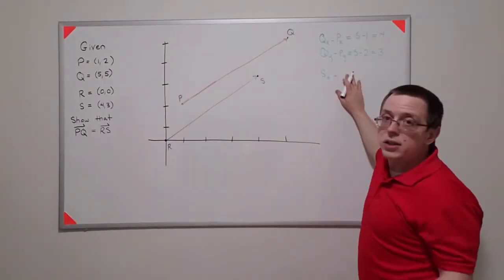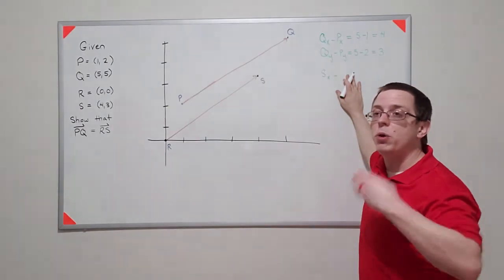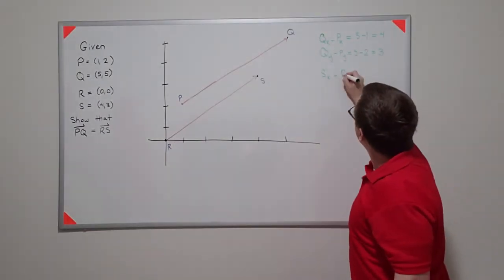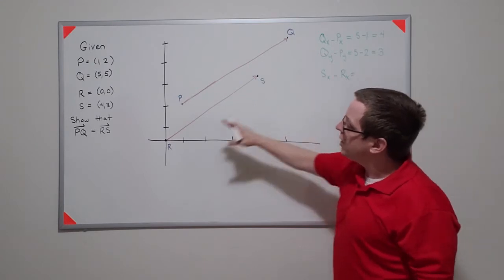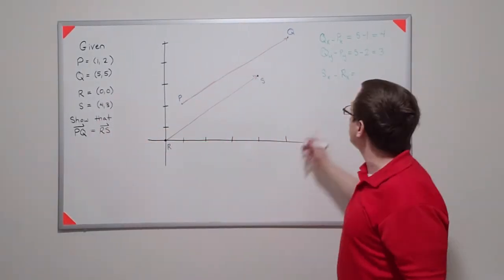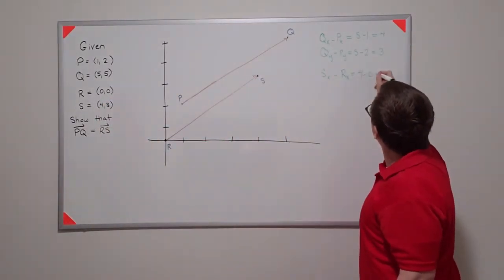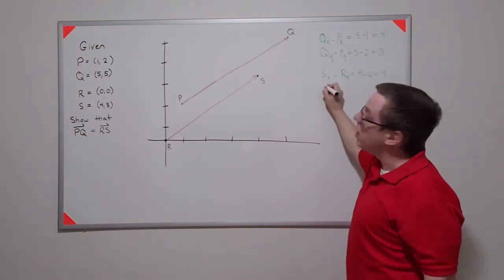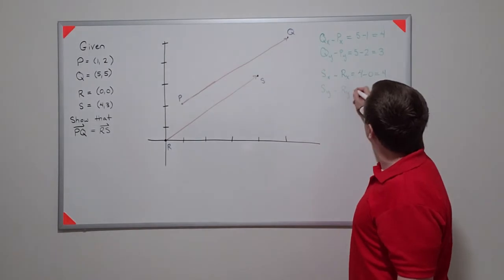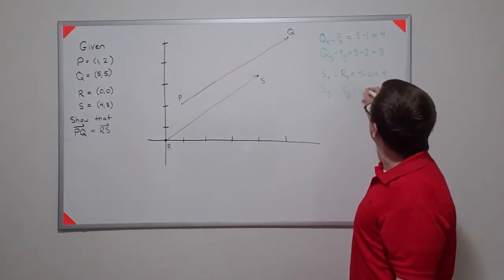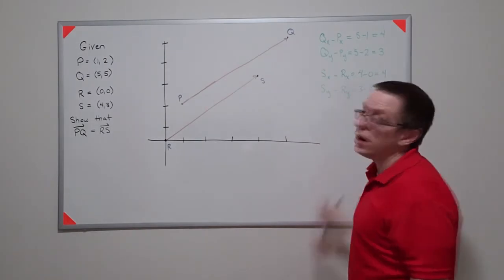So if I do S, the X component of S minus the X component of R, well, that's 4 minus 0. And if I do the Y component, I get 3 minus 0, which is 3. Now that's pretty easy, right?